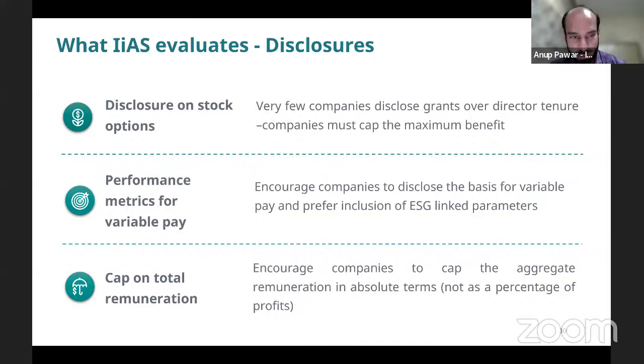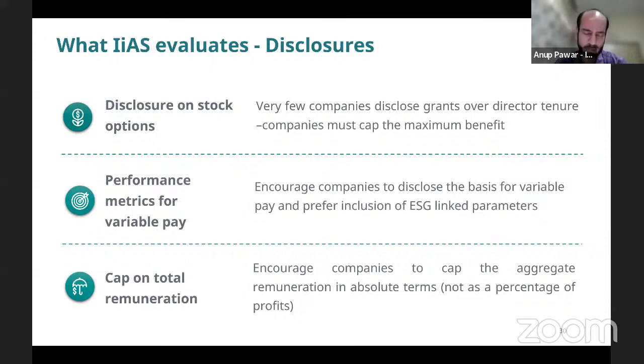Performance metrics for variable pay. Like I said, pay has to be linked to company performance, and investors and shareholders need to understand why you're paying a certain amount as variable pay. How are you measuring alignment with company performance? How are you actually measuring the performance of a director?